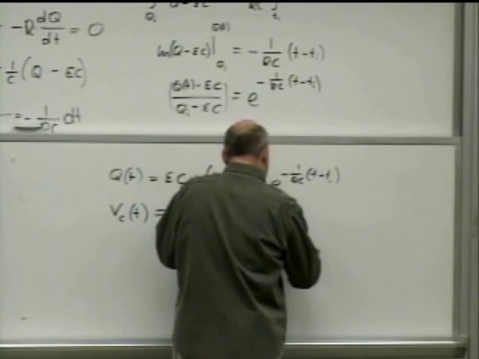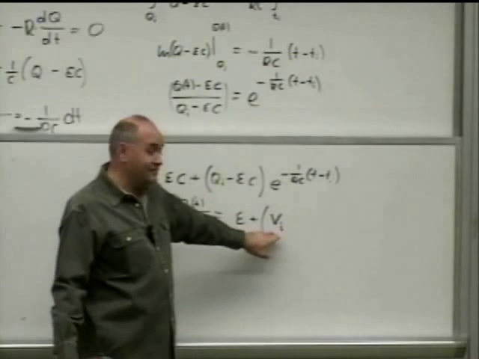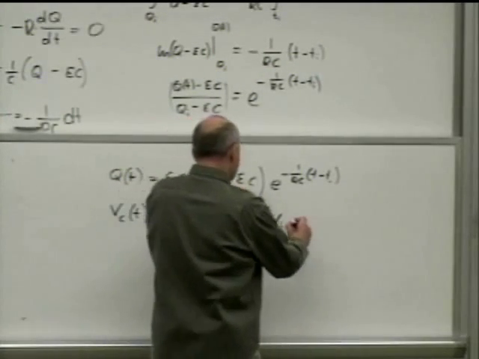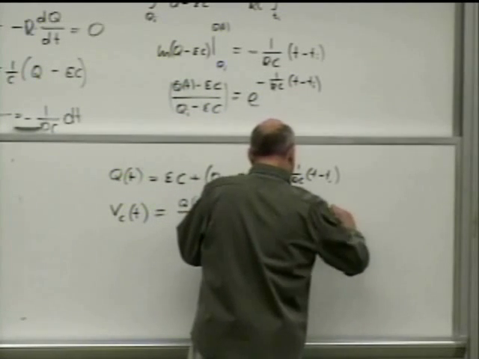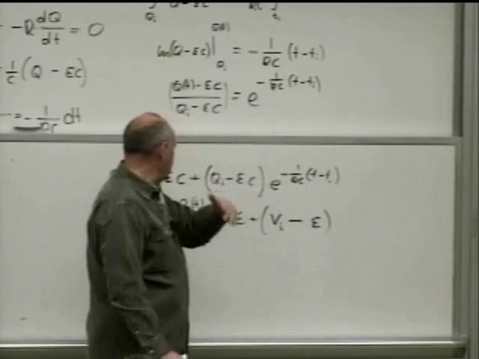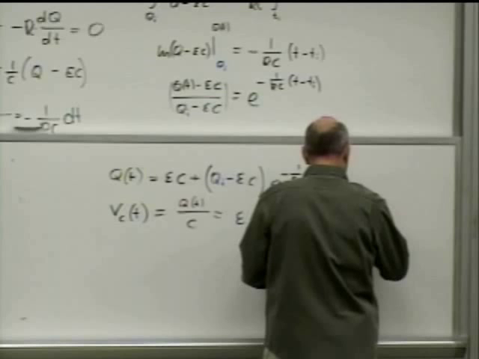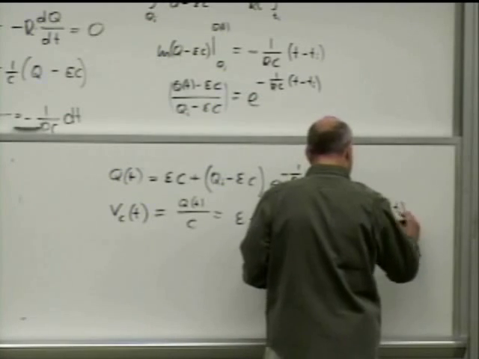Yes, so this is potential difference at the beginning of the interval. So this is when the source was toggled. Minus electromotive force, and I took care of everything. e to negative 1 over RC times t minus t initial.